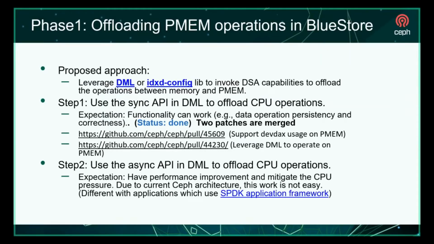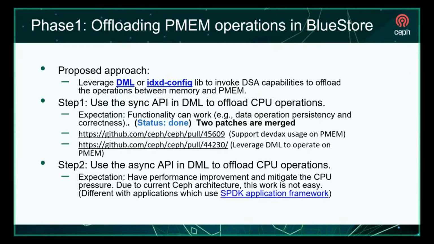And the second patch is that we leverage the synchronized APIs in the DML library to operate on persistent memory, and we already did some evaluation in our own environment, and it works well.